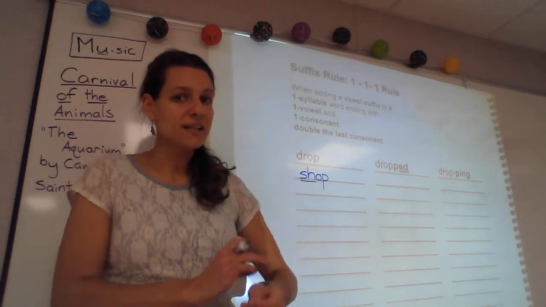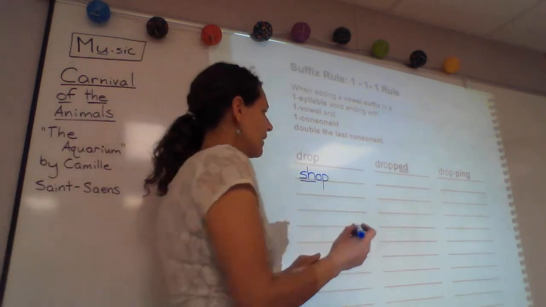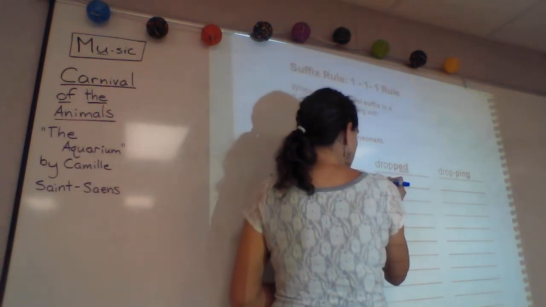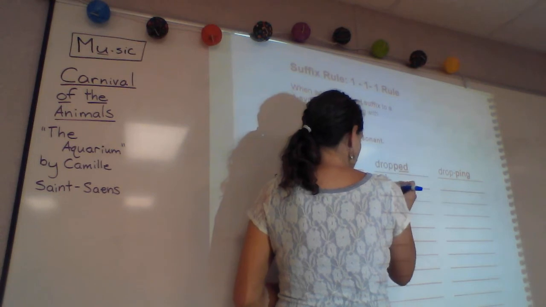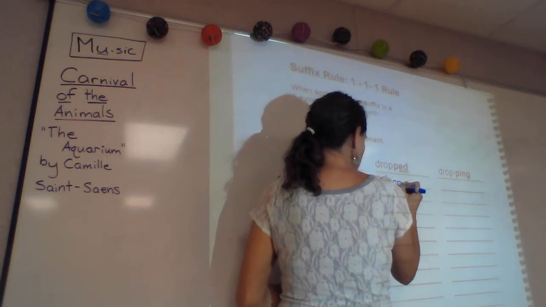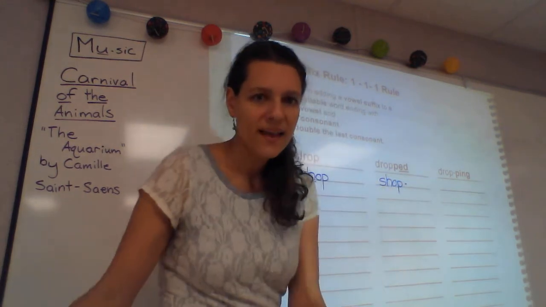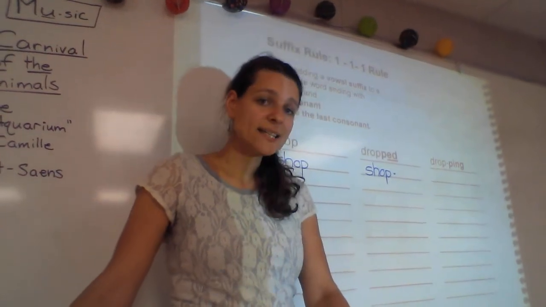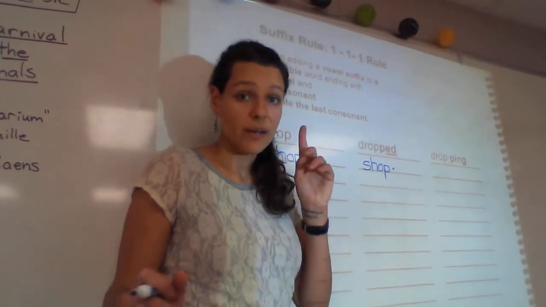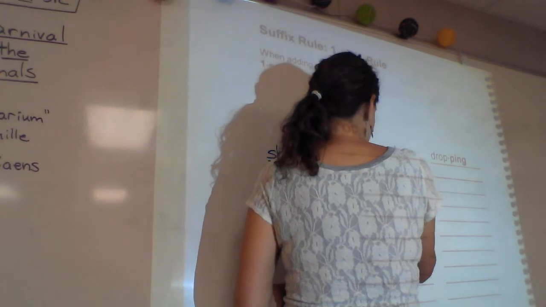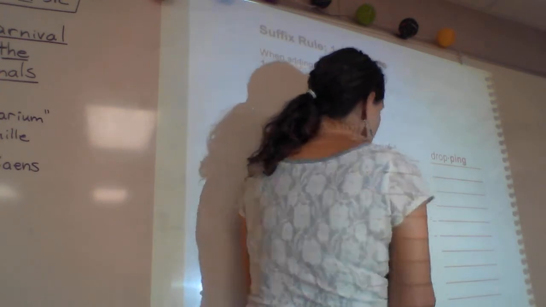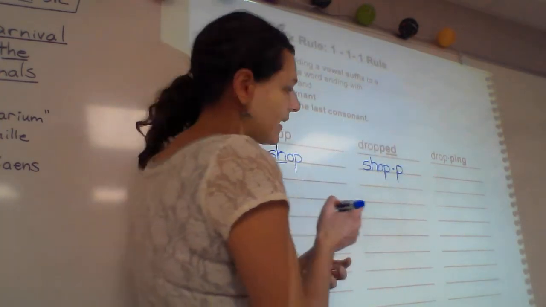All right, when you're finished, put your pencil down. I'm going to write the base word, shop. All right, now tell me what I need to add to finish my word. Good, first is p, because I have to double that last consonant. What's next? Good, i.